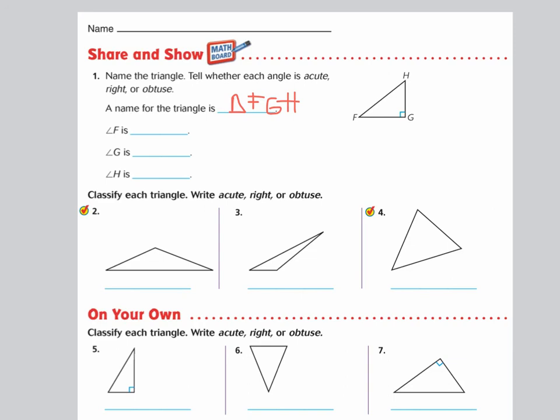So angle F is what kind of angle? Is it a right angle, acute, or obtuse? In this case, it looks to be definitely acute. It's for sure less than 90 degrees. So it's an acute angle. Angle G, you see that square corner. So this would be right.